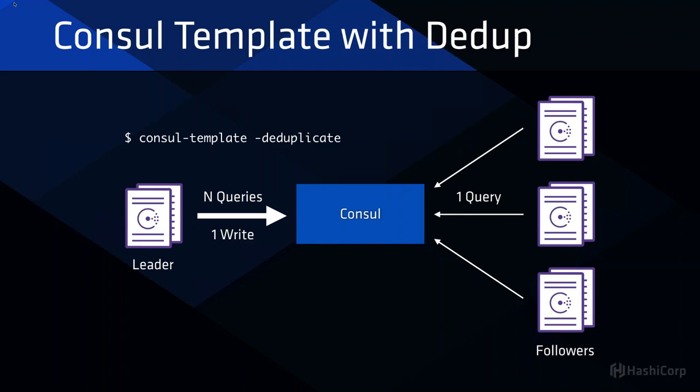So basically, you add this new deduplicate command line option, and Consul template will elect a leader instance, and it does this per template. It takes a hash of the template and says, anybody that's interested in this hash, I'm taking the lock, I'm going to do all the queries against Consul, I'm going to write the information you need to render the template back into Consul's KV store, and then all the followers can just quickly retrieve that and render it.